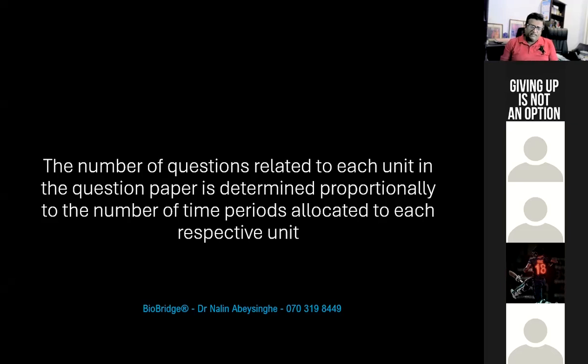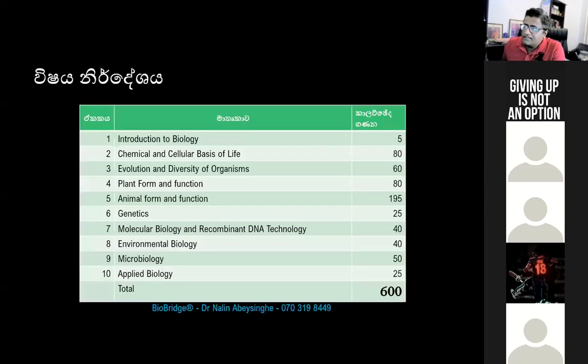Especially in your first paper, the MCQ paper, we can call it single best answer questions. The number of questions related to each unit in the question paper is determined proportionally to the number of time periods allocated to each respective unit, right? That means if you look at the fifth unit, animal form and function, it is given 195, nearly 200 periods.